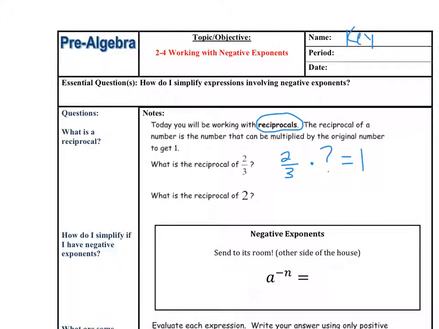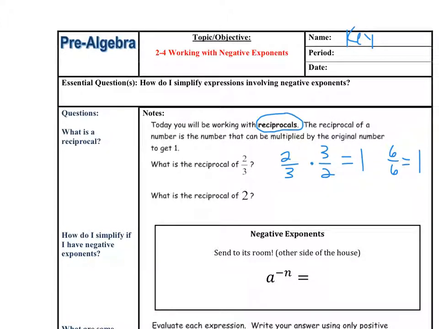I need the 2 and the 3 to both turn into a 1, and the number that's going to work for that would be 3 halves, because if I multiply 2/3 times 3 halves, I would get 6 on top and 6 on bottom, and 6 divided by 6 is 1.